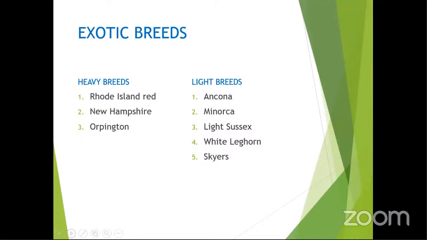Give any of these: Ancona, Minorca, Light Sussex, White Leghorn, the Skyers, Orpington, New Hampshire, and then we also have the Rhode Island Red. As simple as that. So those are a few examples of exotic breeds of chicken.